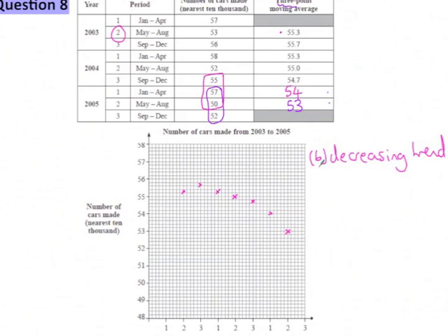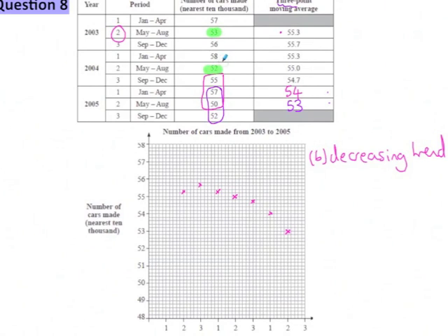We're then told that the time series graph shows there are seasonal variations in the number of cars made. Write down the period where there are fewer cars made than the general trend. So looking here at our numbers, we're looking for where the fewer cars are made. So for each year, we have this part. 53 is the lowest.